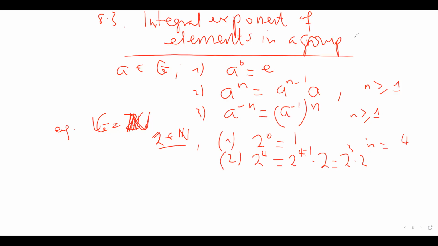This is correct. And the third one says 2 to the power minus 4. We can write it as 2 inverse to the power 4, and this is the same as this one. So this is what we are doing with the integral exponent of elements in groups.